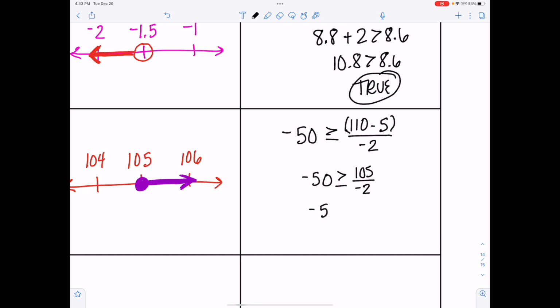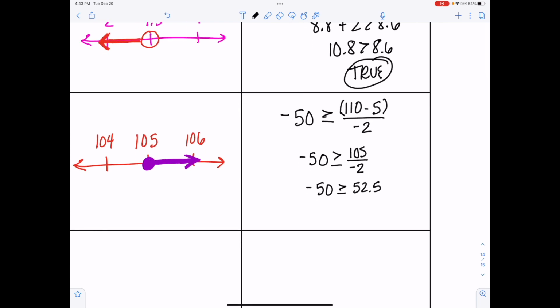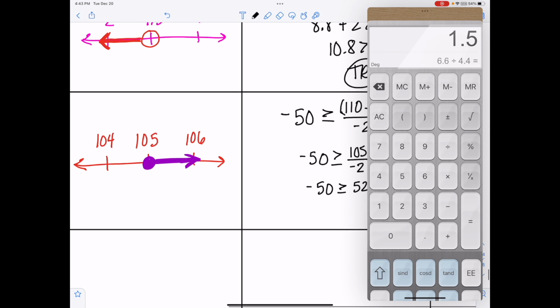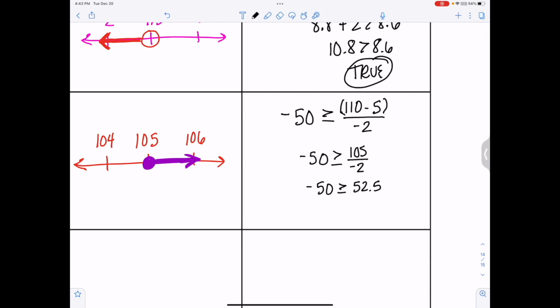And we get negative 50 is greater than or equal to 105 divided by negative 2 puts us at 52.5. And I just want to double check. It's always good to check things. 105 divided by 2, yep, 52.5. Because it was negative, positive divided by a negative is negative.